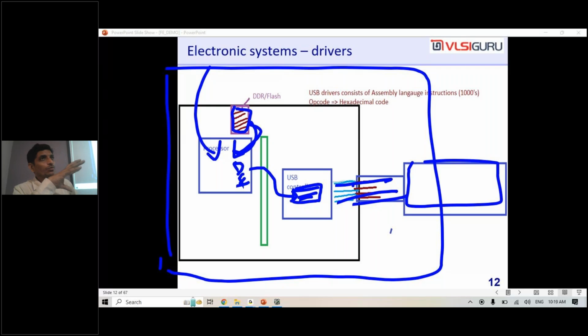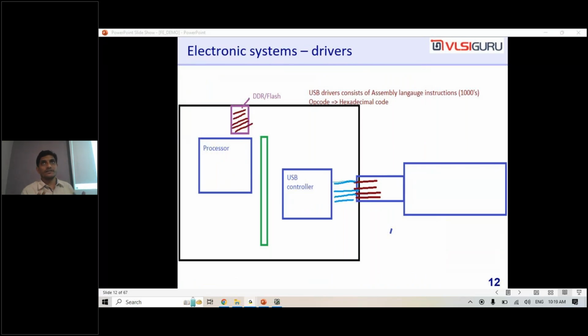For now, this much is good to know. Let's not go too deep. The idea is to understand what is VLSI, what is embedded systems. Are you all clear with this? If you want me to repeat, I can repeat things.